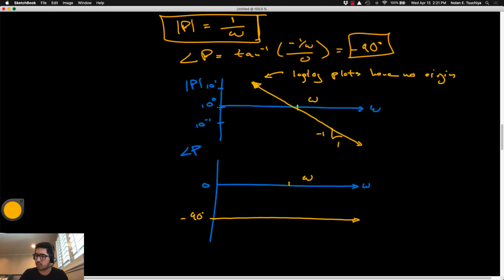So as omega approaches 0, the Bode magnitude actually approaches infinity. It will never actually intersect with the vertical axis because on a log-log scale there is no origin. So the way to express that is just to draw an arrow that points up to the left for all small frequencies that approach 0. So it's a very interesting Bode plot here.